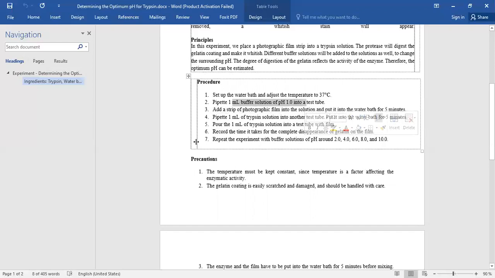Now we will perform this experiment for pH 2 in another test tube. We will place a test tube in the water bath containing 1 ml of buffer solution of pH 2, and then we will add the photographic film, and then the trypsin, which will digest the gelatin, and the color will become white.